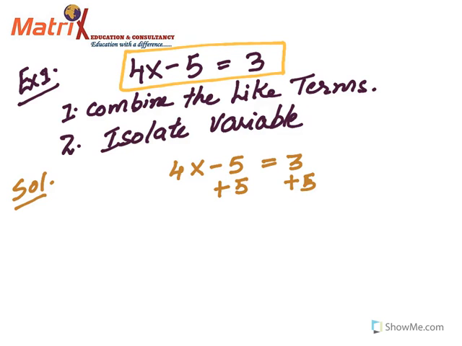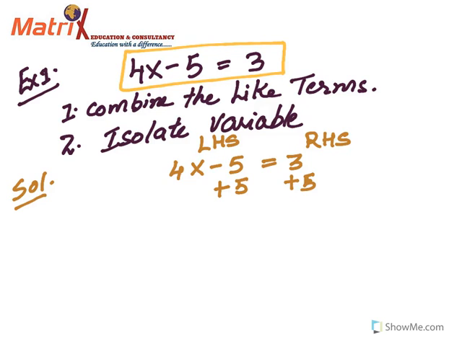The part before the equal to sign is the left hand side and the part after the equal to sign is the right hand side. I have written the short forms LHS and RHS.